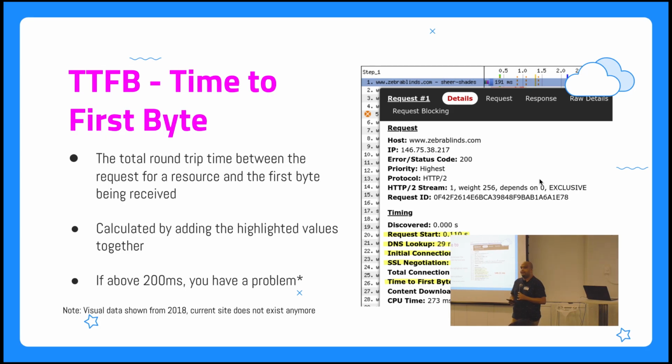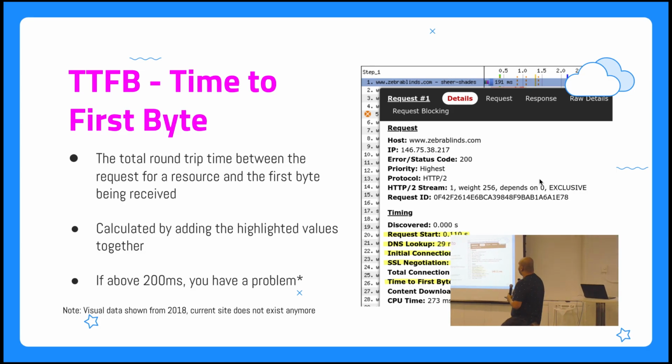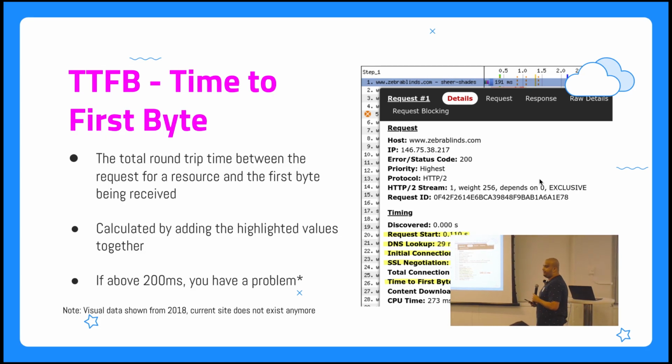The next one is time to first byte. This is the total time it takes for the first byte of data to respond back to any request that you've made. This is made up of a few things: the request start, the DNS lookup, the SSL negotiation time, the initial connection, and the rather confusingly named time to first byte.